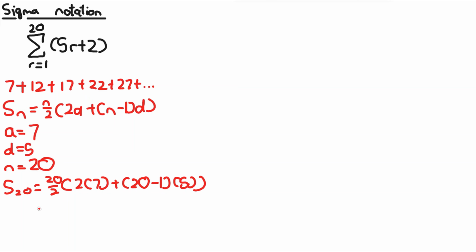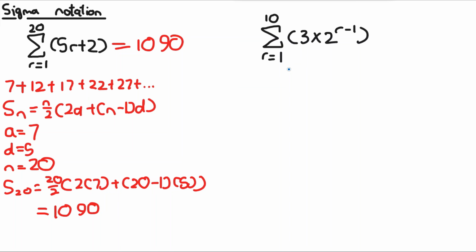And if you put this into a calculator, it is equal to 1090. So this here, the sigma from r is equal to 1 to 20 of 5r plus 2, is equal to 1090.